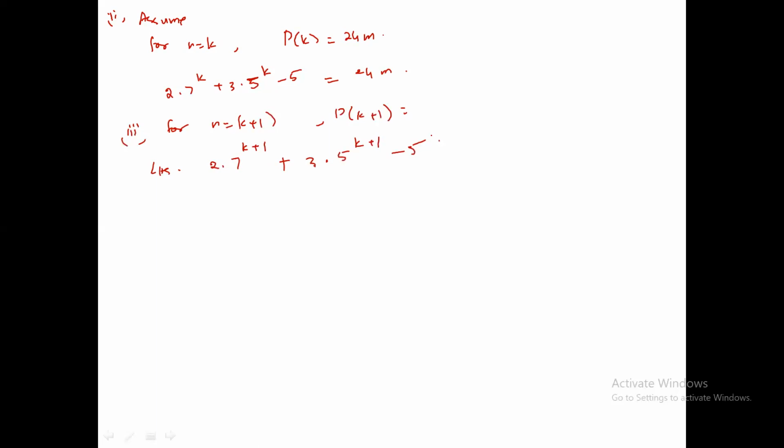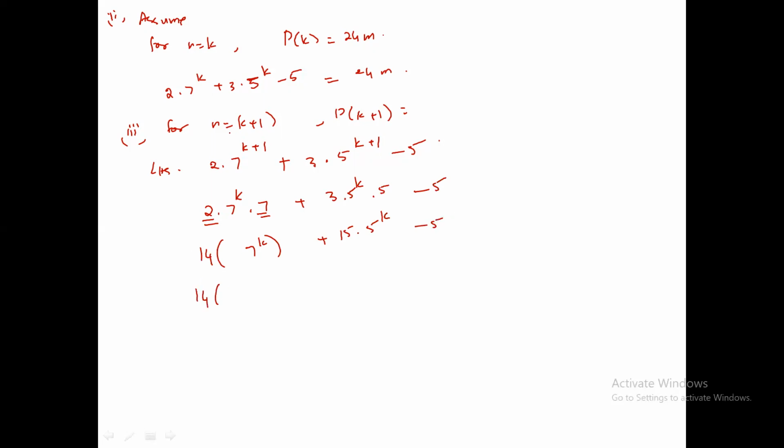I have to prove this is a multiple of 24. So I'll write 2 into 7 power k into 7 power 1, 3 into 5 power k into 5 power 1 minus 5. That means I have 14 into 7 power k plus 15 into 5 power k minus 5.